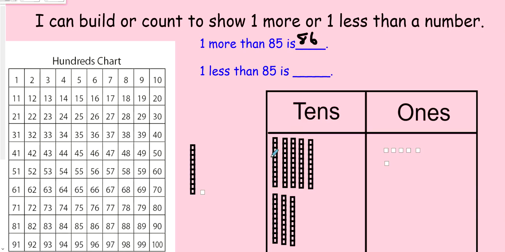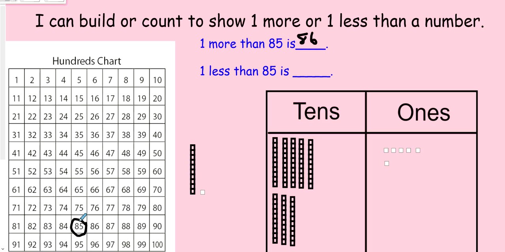Count with me to check. 10, 20, 30, 40, 50, 60, 70, 80, 81, 82, 83, 84, 85, 86. We can use the hundreds chart to help us show one more than 85. Find 85 on the chart.